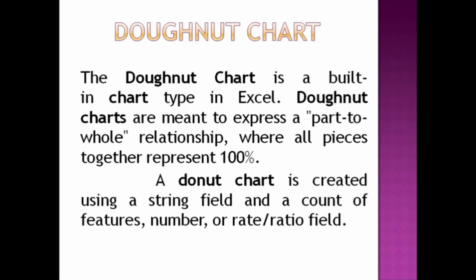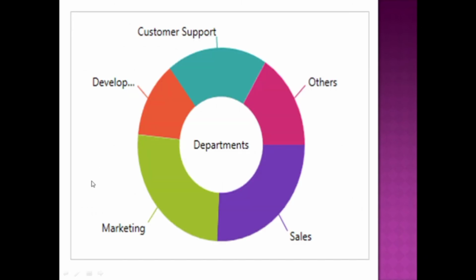A donut chart is created using a string field and a count of features, numbers or rate per ratio field. It is a built-in chart meant to express a part-to-whole relationship. Here you have seen all the pieces together represent 100%.